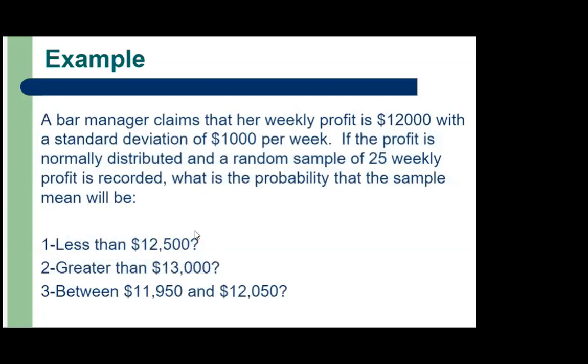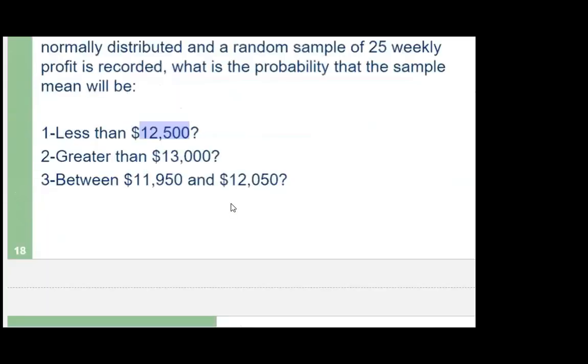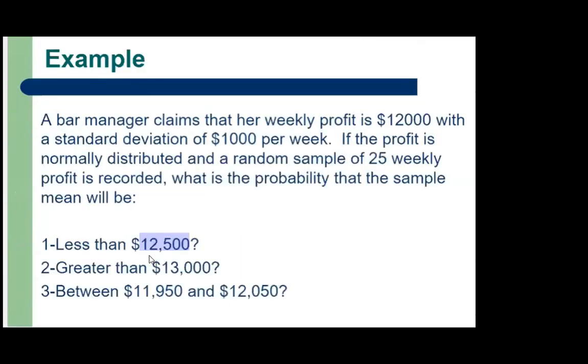We had a formula and all the information is given to us. We know the average, we know the population standard deviation, we know the sample size, and we have the sample average, 12,500. So we can simply calculate that. Let me show you really quick how that calculation goes.